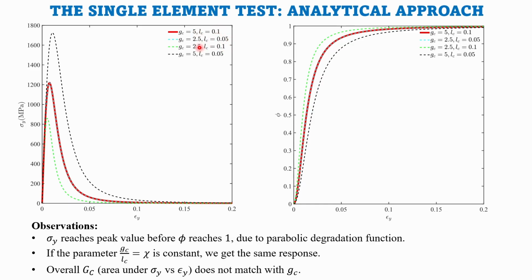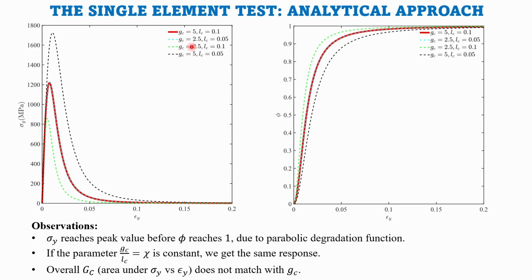So when you halve GC, essentially you are lowering the overall strength of your material, correct? Because GC is a material property. So you are decreasing the overall fracture strength of your material. As a result, your failure will happen at a much lower stress. That's why this green curve falls down.